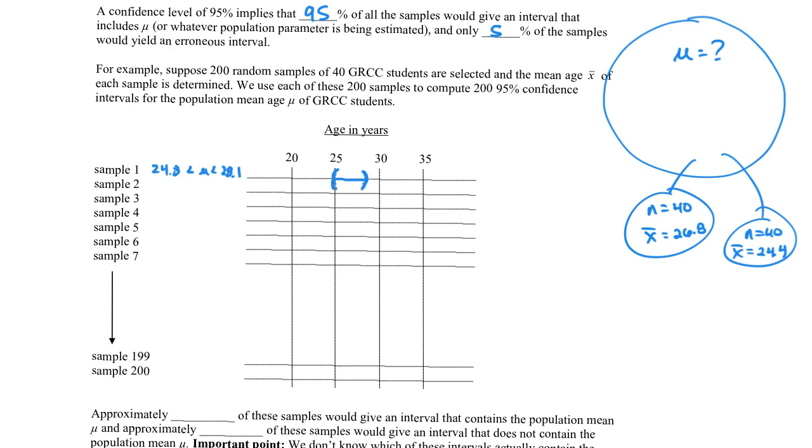And let's say we go right down the line here for all 200 samples, and we come up with these different confidence intervals. They're all going to be a little different. So maybe this one is over here, and then we just keep doing these. There are just slight variations on all of these, and we just keep going a few more.